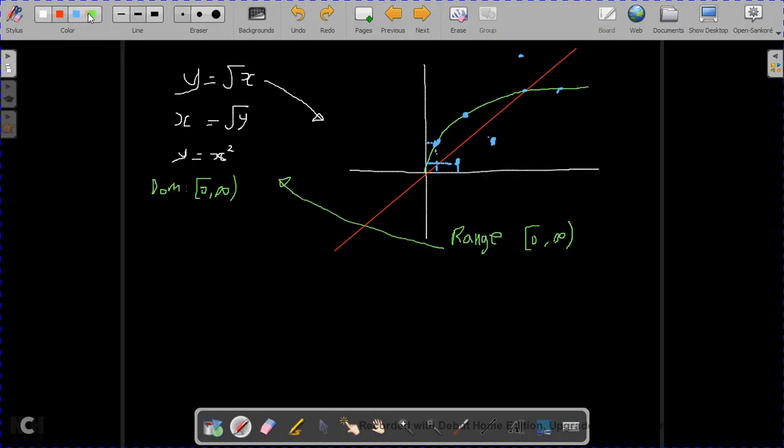Alright, fair bit to take in, but let's draw it. So it's going to go through that point and go up. Something like that. So essentially what we're doing is a reflection along the y equals x line. This is y equals x.